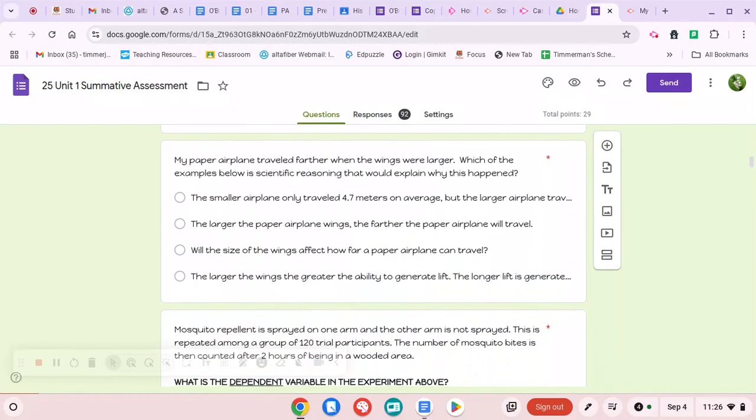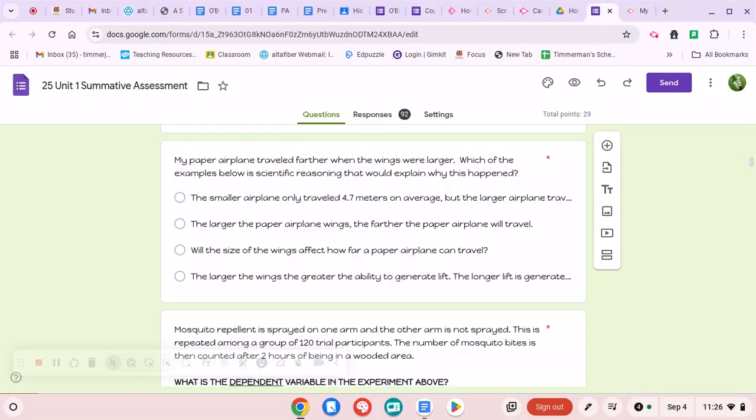My paper airplane traveled farther when the wings were larger. Which of the examples below is scientific reasoning that would explain why this happened? The smaller airplane only traveled 4.7 meters on average, but the larger airplane traveled 11.2 meters on average.